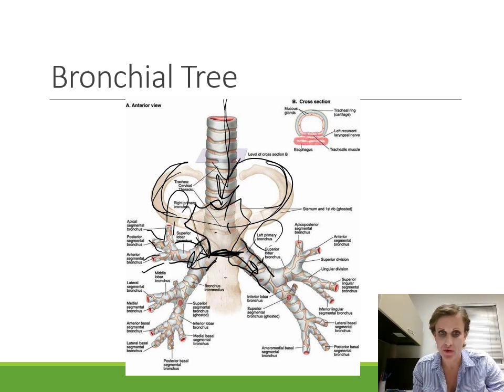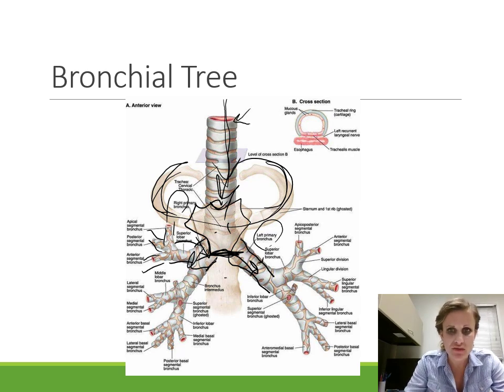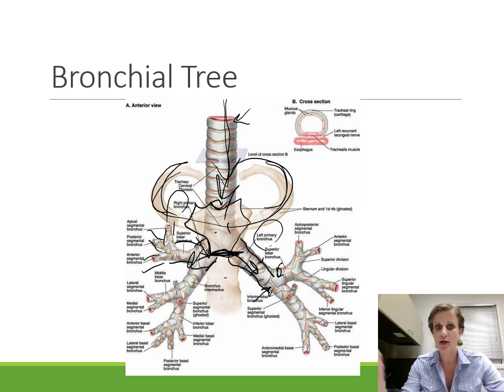What else can we say here? Oh, okay. So all of these light bluish areas that you see, these are showing you cartilage. And cartilage is present throughout most of the bronchial tree, and the cartilage is there to hold the tubes open.